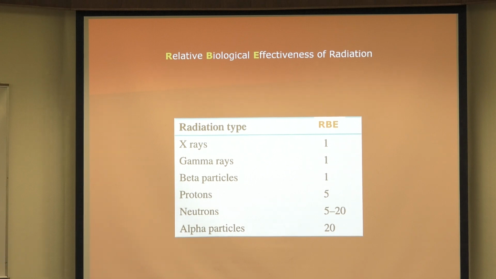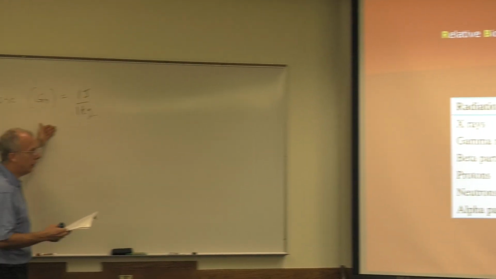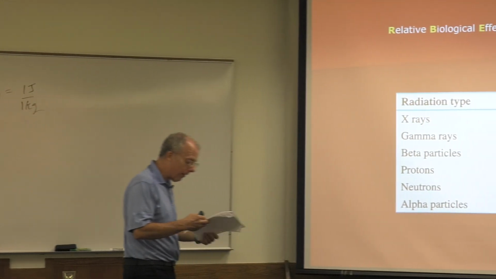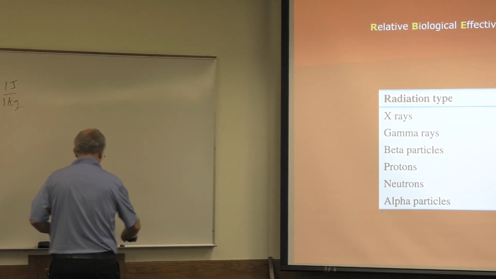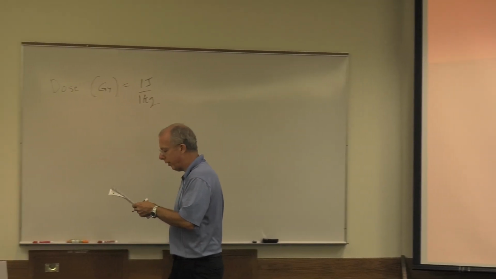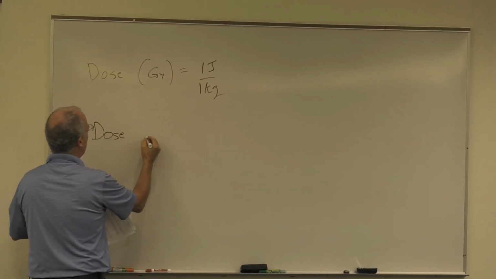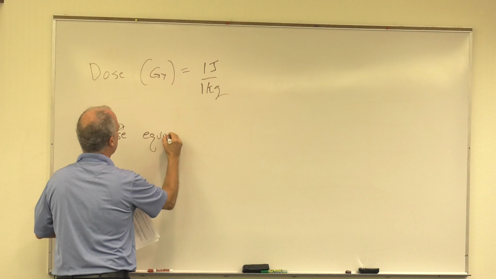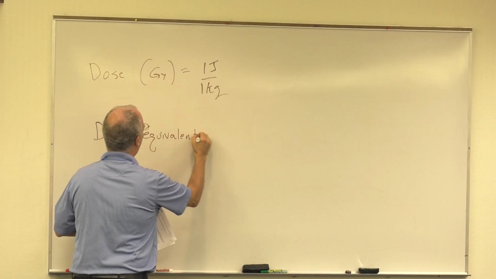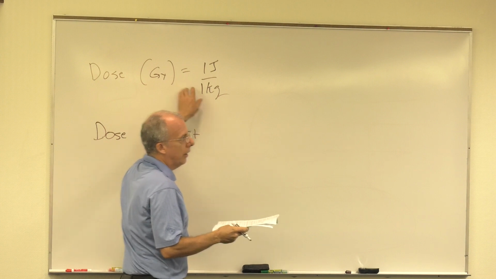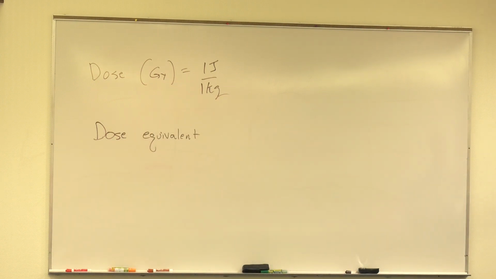So what's important is the dose, how much energy there is, and what type of radiation. There are both factors, so how do you include both of those? You have to use what's called the dose equivalent. The dose equivalent combines the dose, which is the energy, and the RBE.